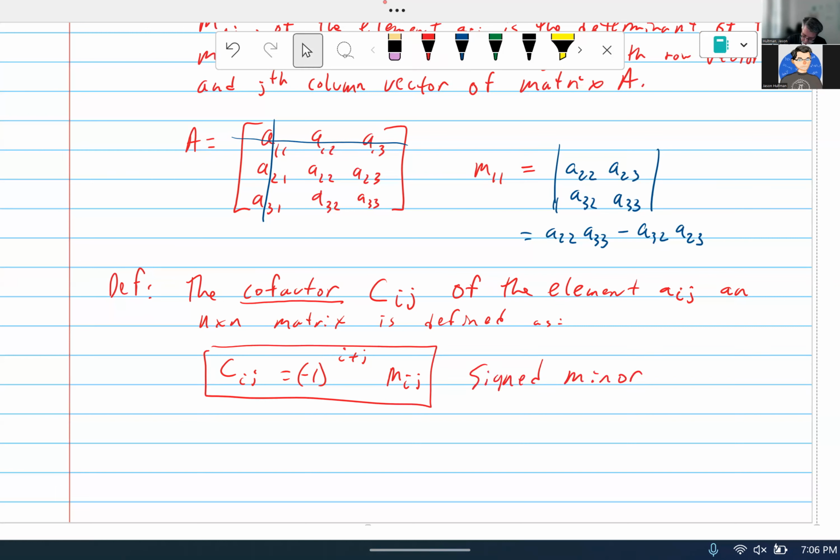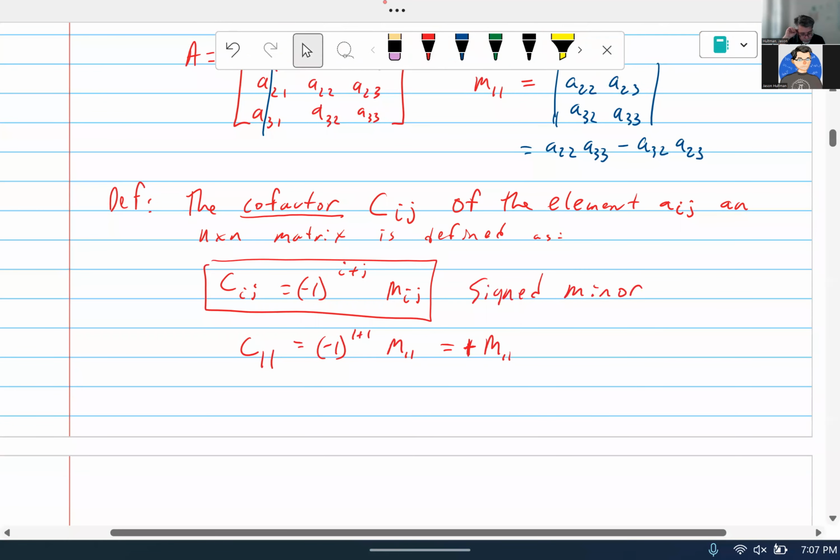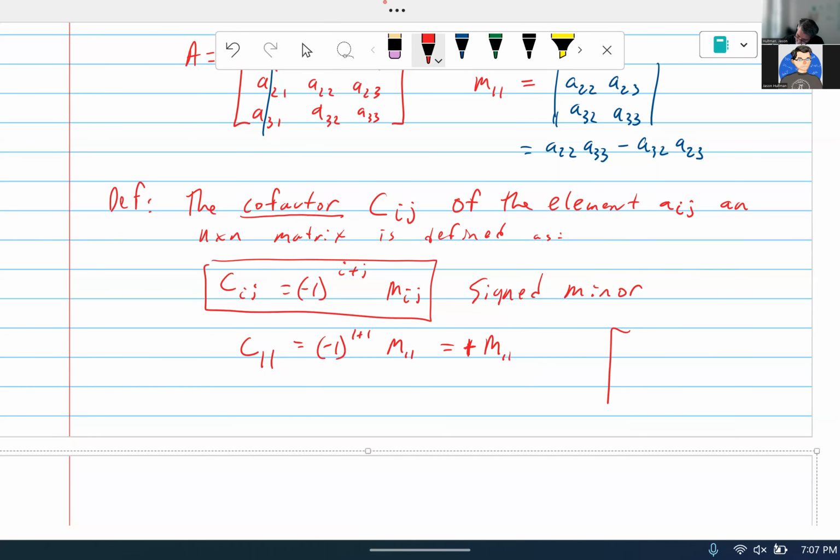Okay, let's look at the cofactor of 1, 1. That equals -1 to the 1 plus 1 power, M11, which is just going to be equal to M11, a positive M11. And what's kind of interesting is in a 3x3, the signs create a checkerboard pattern.